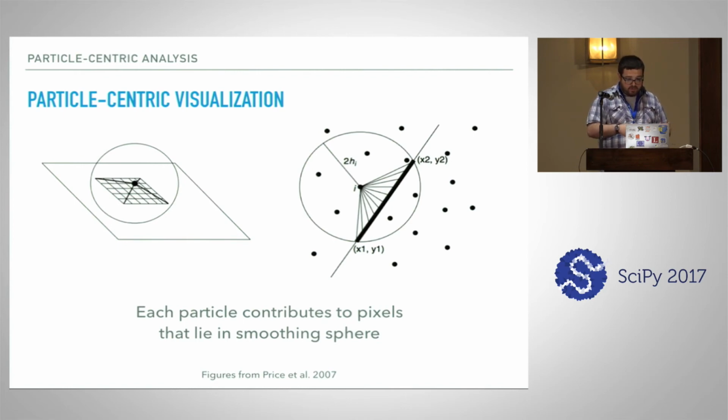For the image on the right, the particle that we've picked out gets deposited onto something like 10 different pixels, and the value it gets deposited with depends on how far away that particle is from that pixel.